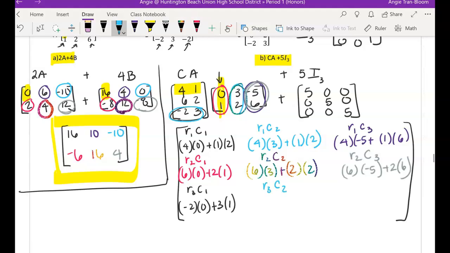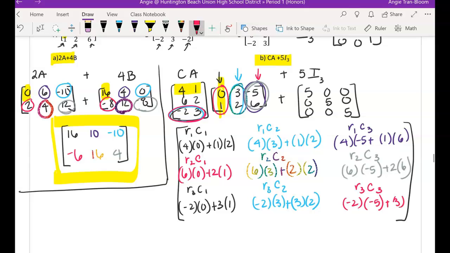Again, row 3 is this one, column 2 is back to this one. So negative 2 times 3 plus 3 times positive 2. And the last one, we take again row 3 and column 3. So we're going to do negative 2 times negative 5 plus 3 times 6. Okay, so that's what we do every time we multiply two matrices.